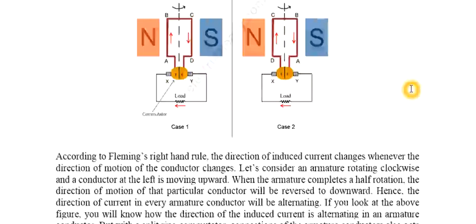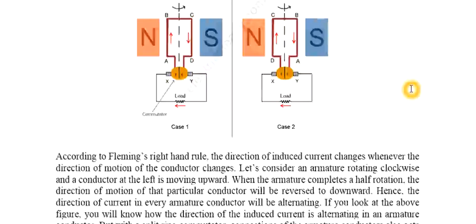Let us consider an armature rotating clockwise and a conductor at the left is moving upwards, which is shown as case 1 in the figure. And when the armature completes a half rotation, what happens? The direction of motion of the particular conductor will be reversed with the half rotation. That means it becomes downwards now.